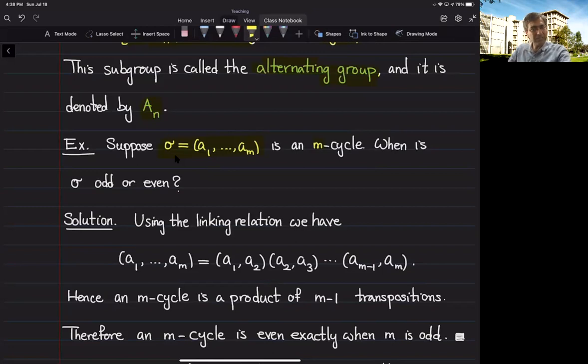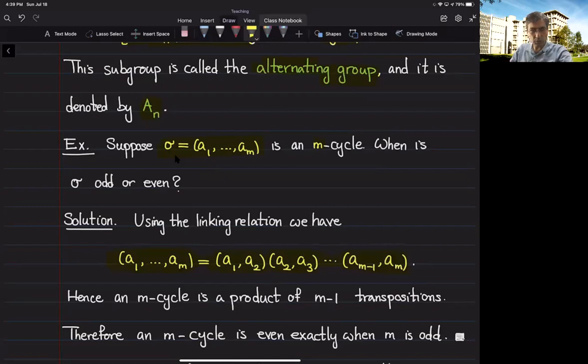But we have already discussed how to write down an M cycle as a product of transpositions, essentially using the linking relation. And unlink it, unlink it, unlink it, and so on. So instead of working with this M cycle, I am going to write this as product of M minus 1, 2 cycles using the linking relation, as we did earlier in this video.